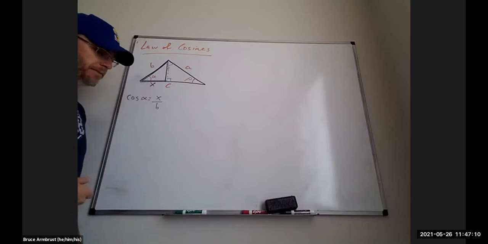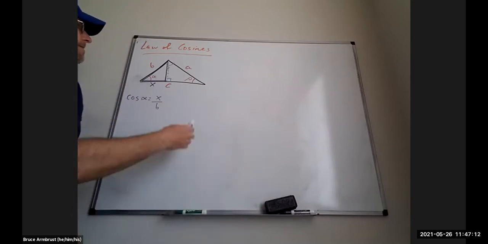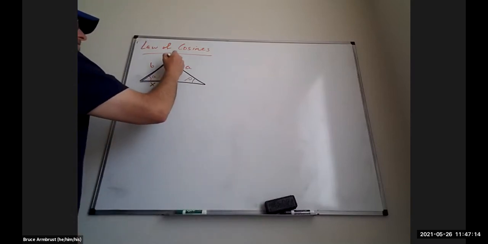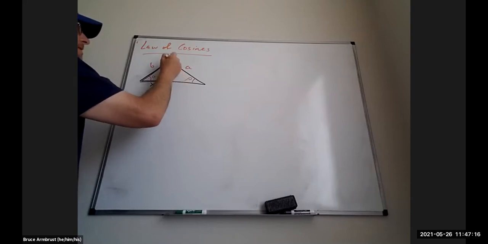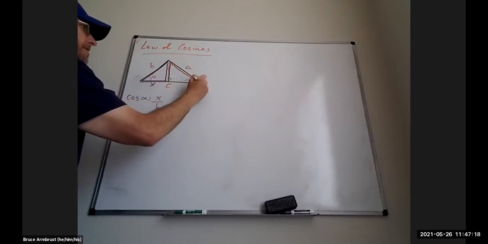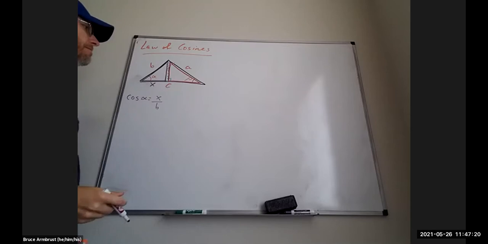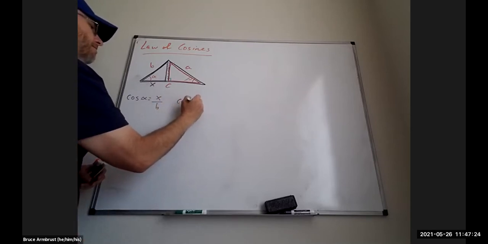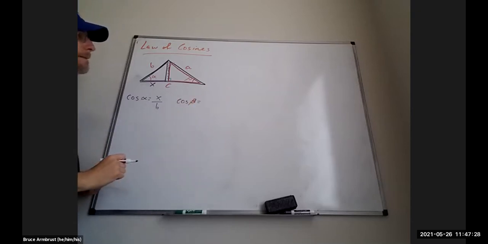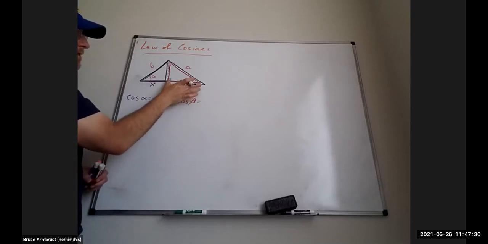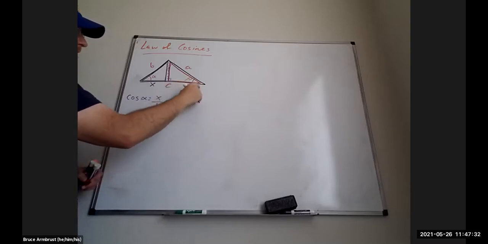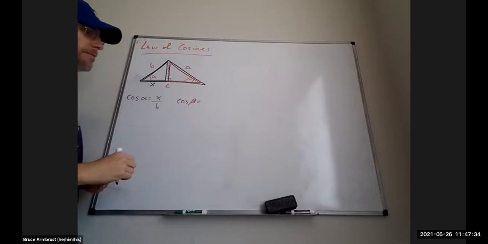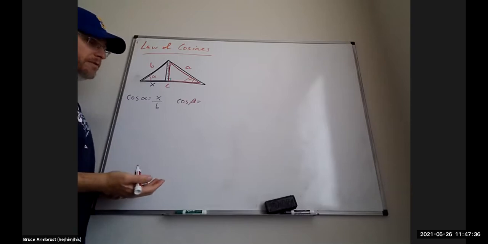Now I want to do something similar with the beta, but I'm going to be in a different triangle over here. Let me kind of draw it with this sort of maroonish bit. And if I were to look at the cosine of beta, I would do the same kind of thing, but I would need to know this length, this bottom length, which again, I don't know.